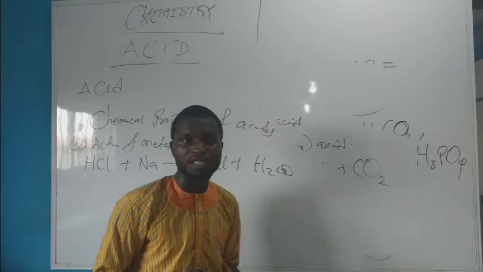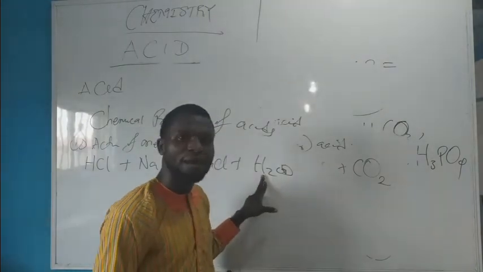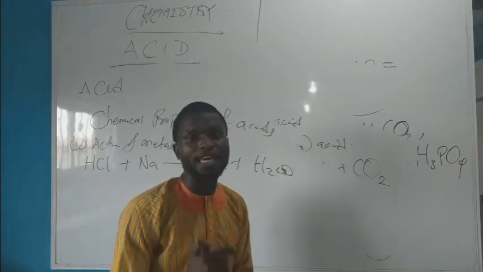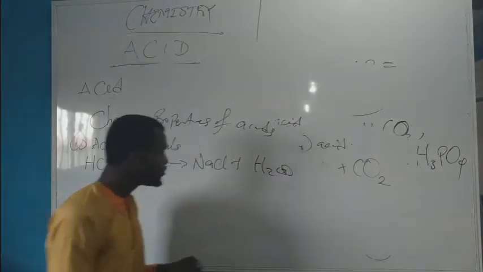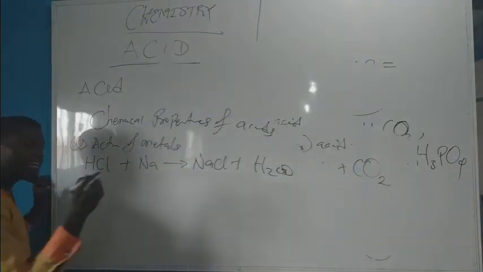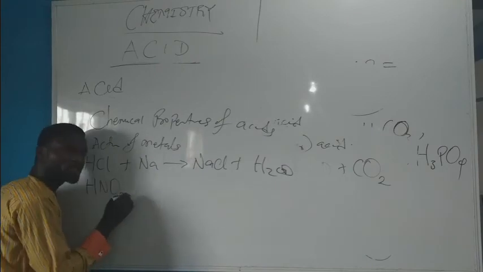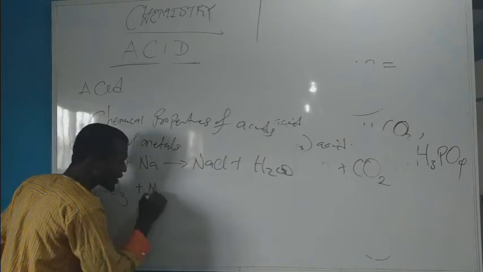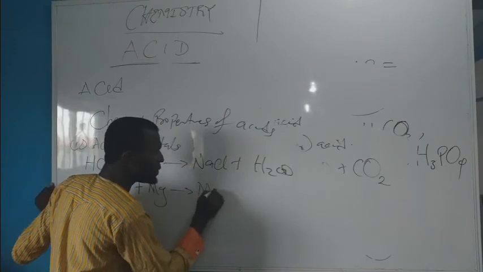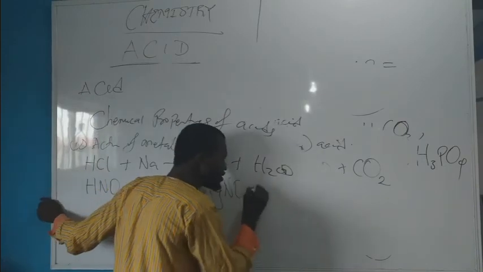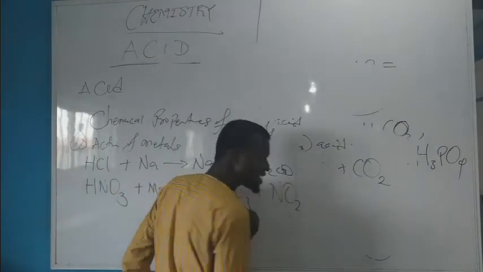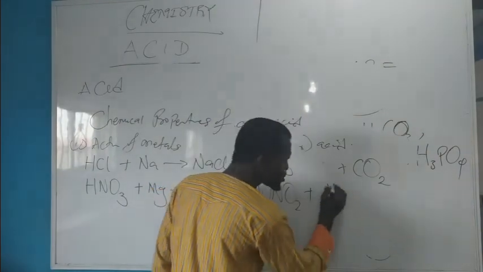As a consequence, the atomic hydrogen that is liberated is further oxidized by it to water instead of hydrogen gas, as exemplified in this equation. HNO3 plus magnesium will give you magnesium trioxonitrate 5 plus nitrogen dioxide plus water.